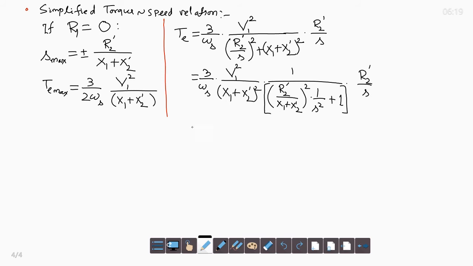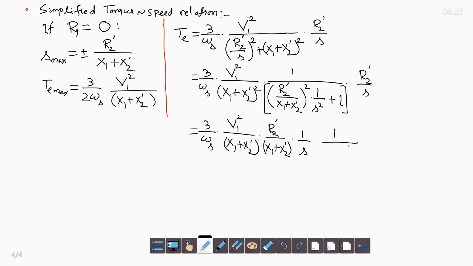So, this you can write as 3 by omega s into V1 square divided by X1 plus X2 dash, into R2 dash divided by X1 plus X2 dash into 1 by s, and R2 dash by X1 plus X2 dash is S max.